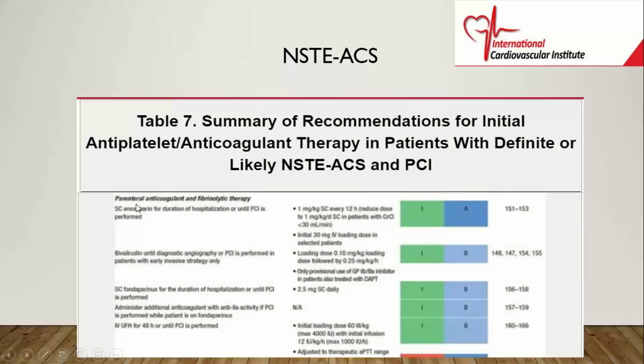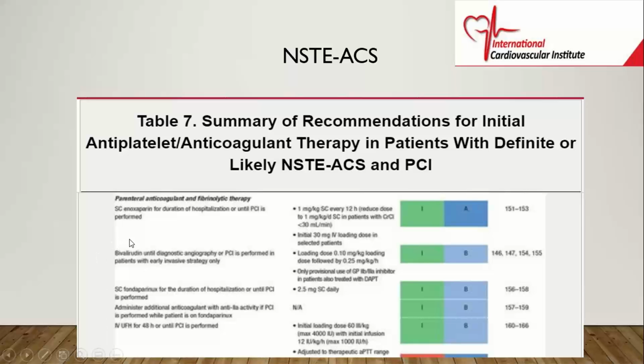A lot of institutions are using Lovenox, and you dose it at 1 milligram per kilogram subcutaneously every 12 hours, so twice per day. Okay, so a 70 kilogram man or woman should get 70 milligrams every 12 hours subcutaneously, not intravenously. You can give them a loading dose initially. Then there are some other things only people doing exams, physicians, need to know.